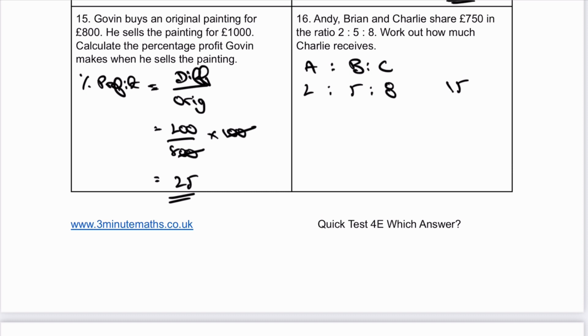However, they didn't share £15, they actually shared £750, which is 50 times larger. So all we've got to do is multiply everything by 50. So that's going to be 100 to 250 to 400.